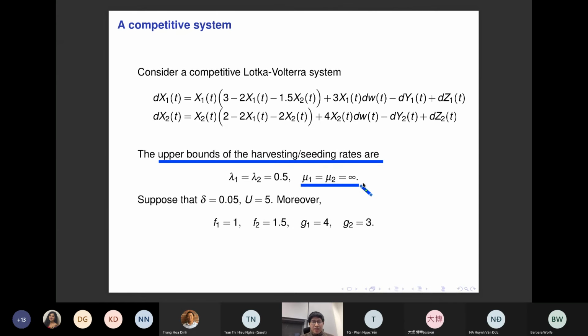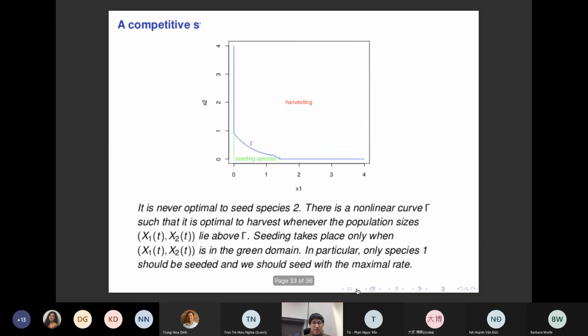For harvest, we are allowed to harvest at any rate we want. But for seeding, the maximum rate is 0.5. And so let me show the graph.